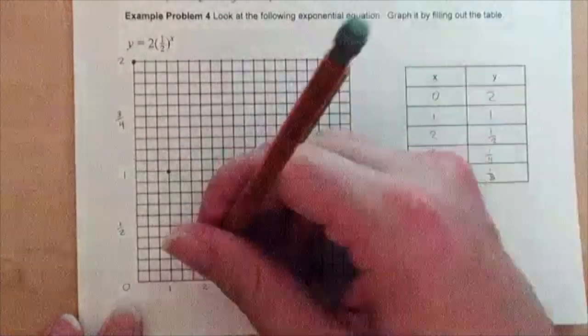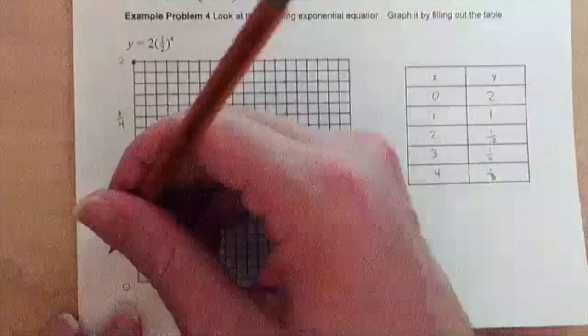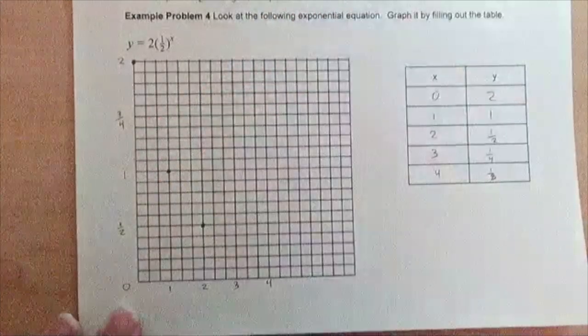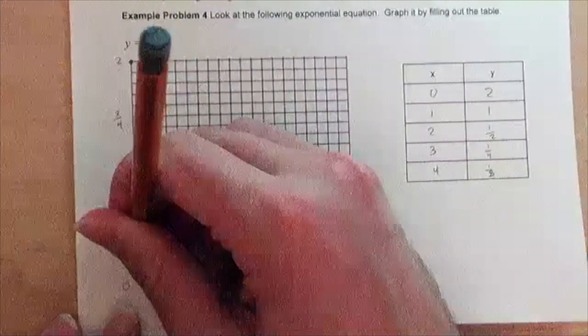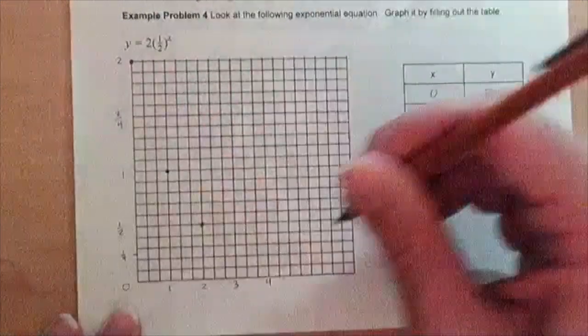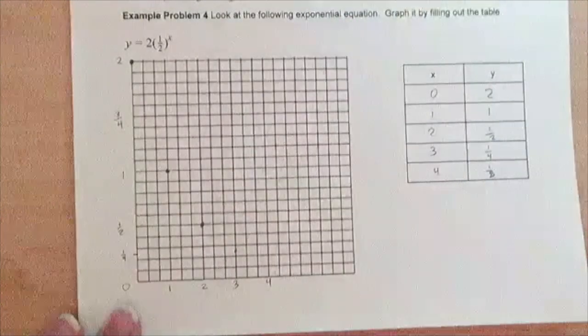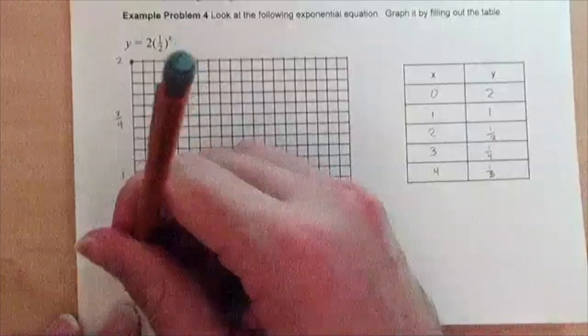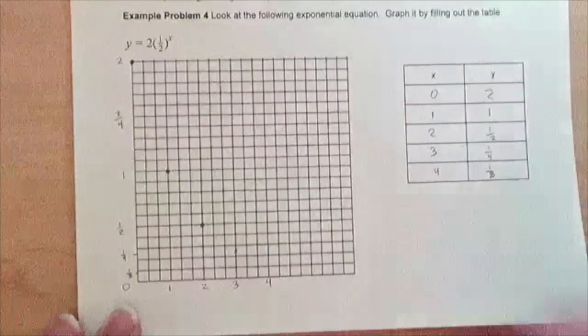Then we have 2, 1/2. 3 is 1/4. Which would be halfway through 1/2, and then 1/8. I kind of dug myself a little hole here, but it's going to be like that. Okay?